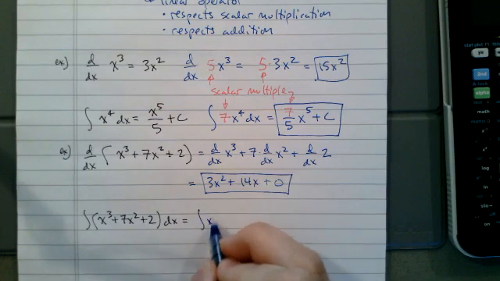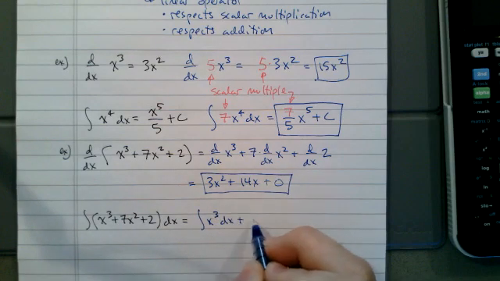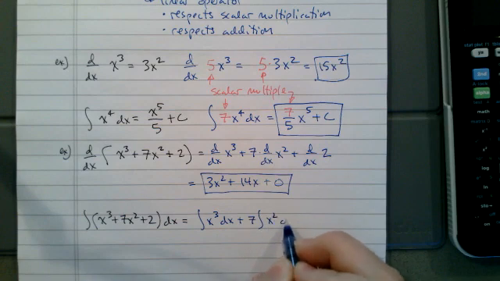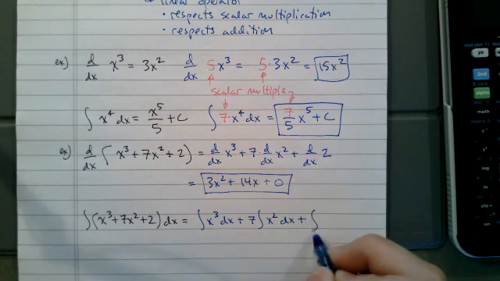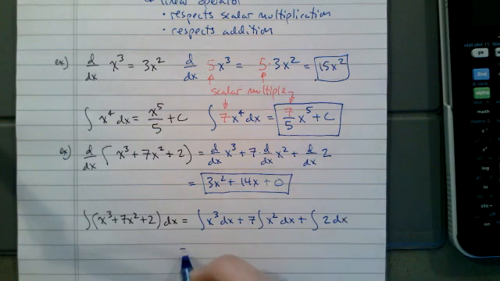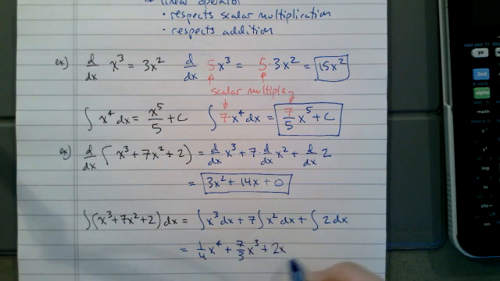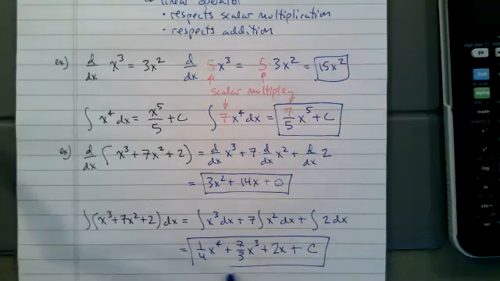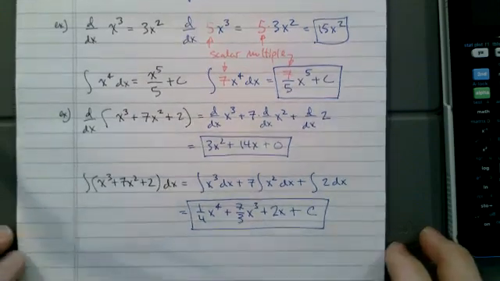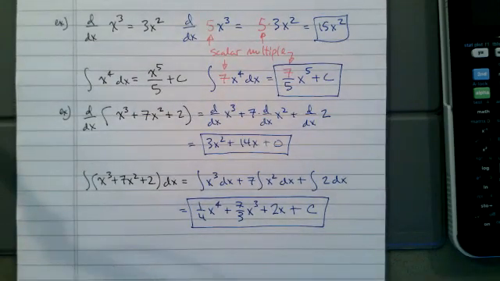I can integrate x cubed dx plus 7 times the integral of x squared dx plus the integral of 2 dx, and get 1/4 x to the 4th plus 7/3 x cubed plus 2x plus some constant. We can go a term at a time. We need not worry about constant multiples. We just carry constant multiples along. Any questions?